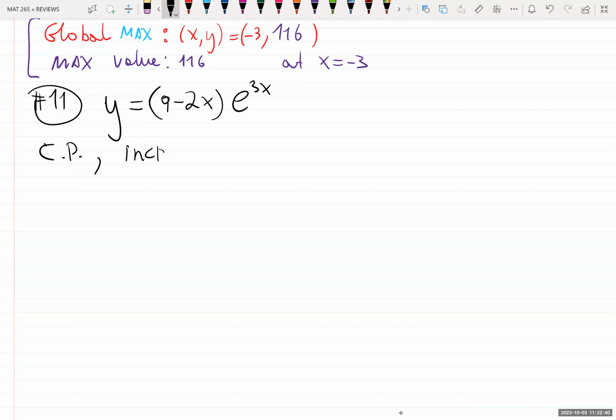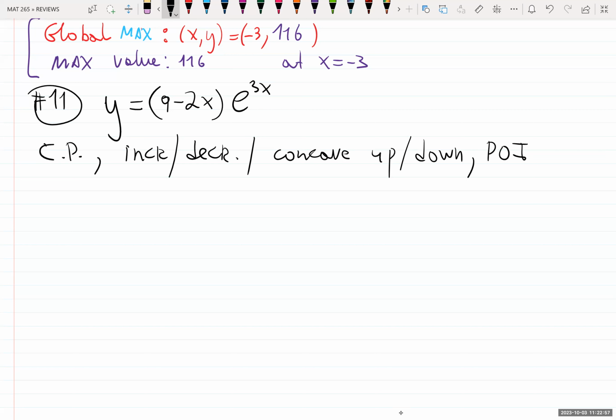Then increasing, decreasing intervals. Then you find the second derivative and you find concave up and down intervals. And then you find points of inflection, POI, that's the American abbreviation.